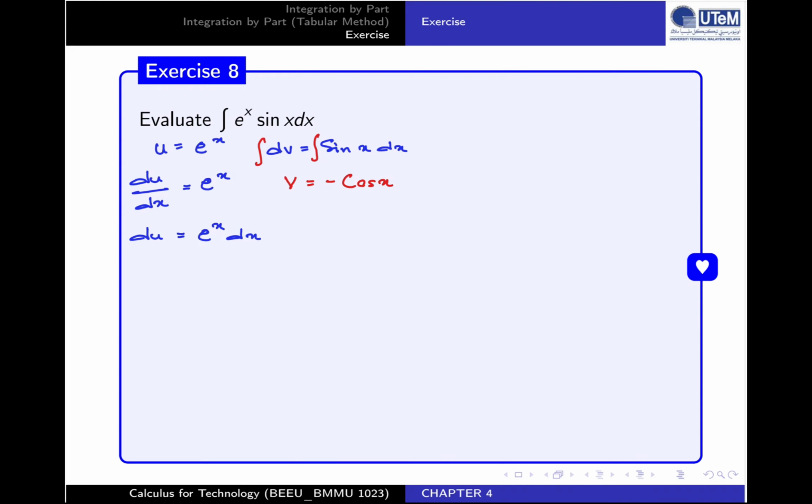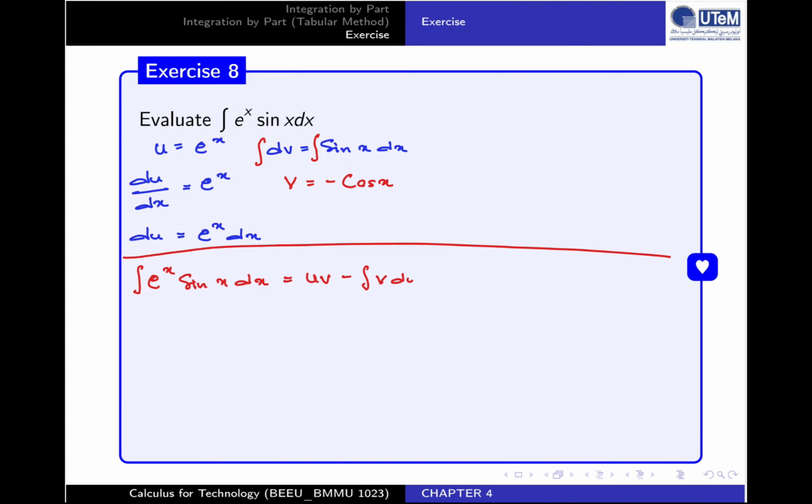Okay, now put in the formula, which is integrations of exponent x sine x dx equal to uv minus integration v du.